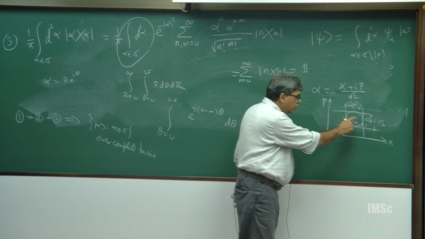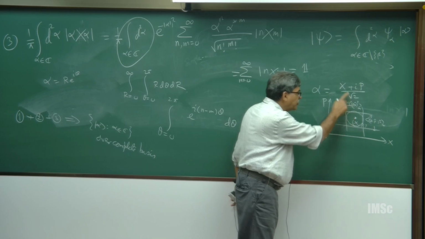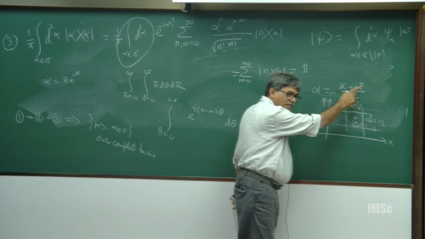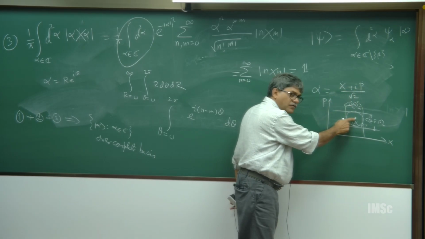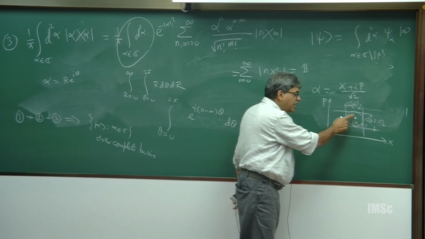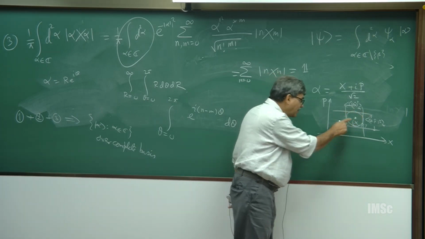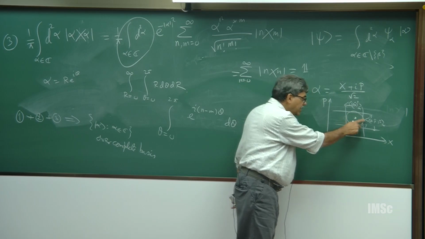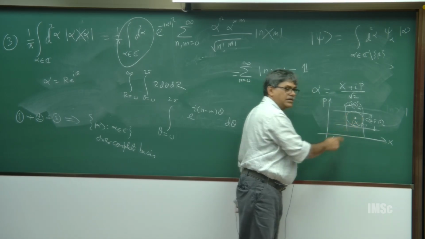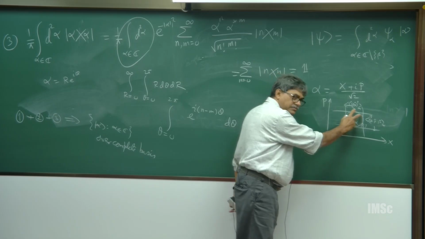So, if I fix this point which corresponds to the x and p quadratures, amplitude and phase quadrature of classical light, then the corresponding coherent state will not actually be this point, but this uncertainty circle or uncertainty area.